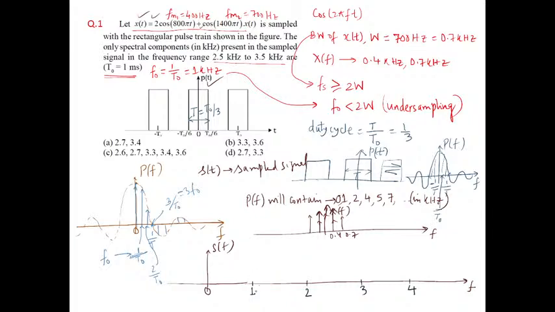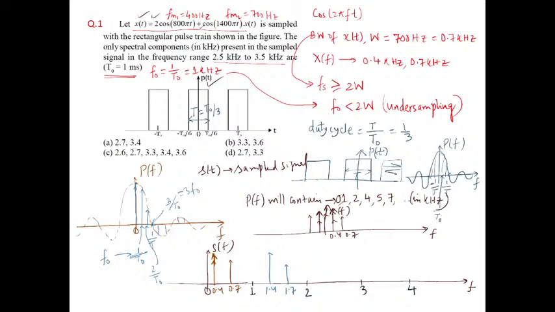Now, what will be the frequency components present in this spectrum? Obviously, one will be at 0.4, then 0.7. Okay, this will be larger. Then the next frequency components will be around this 1 kilohertz. So 1.4 kilohertz and 1.7 kilohertz.